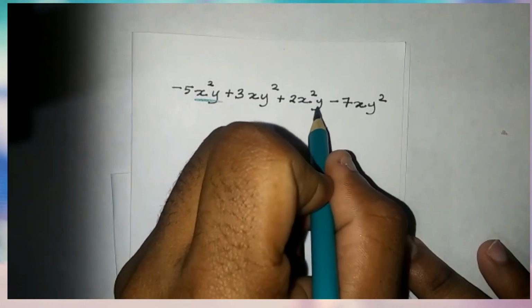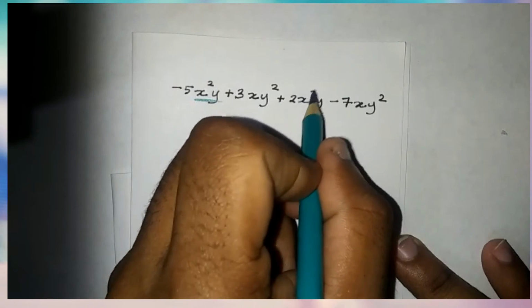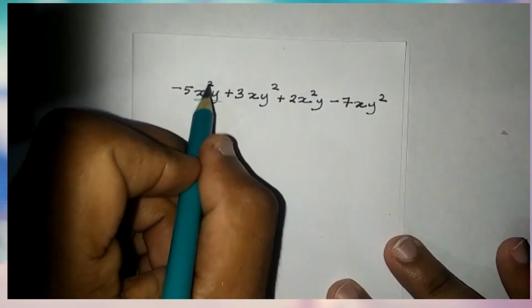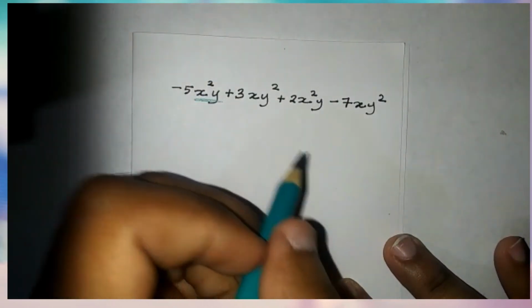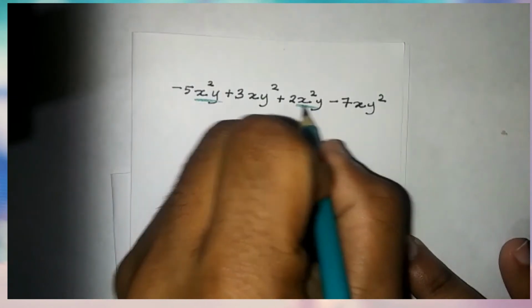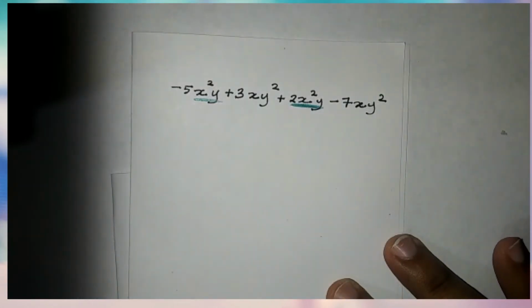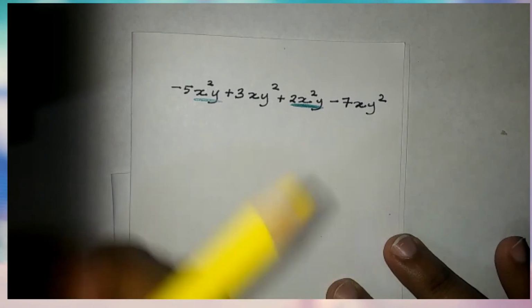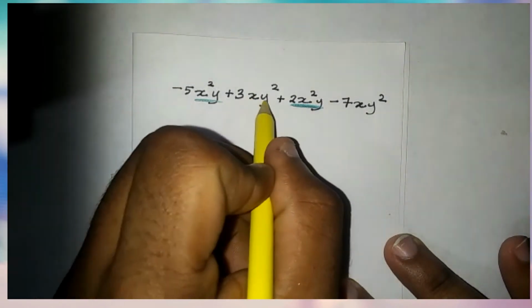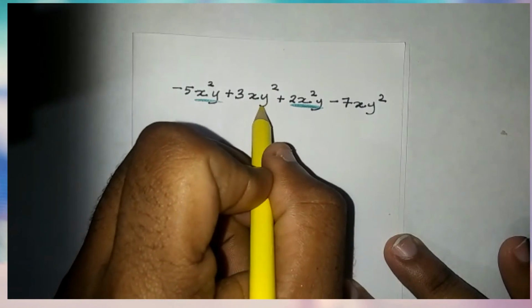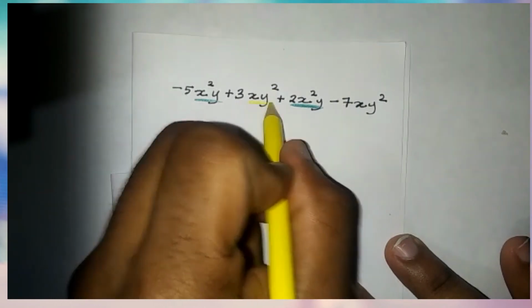Let's go through now. 2x squared y. X squared y. X squared y. Wow. These are like terms. Same variable, same powers. Okay, let's look through again and see if we see any more. Alright, xy squared. Okay.